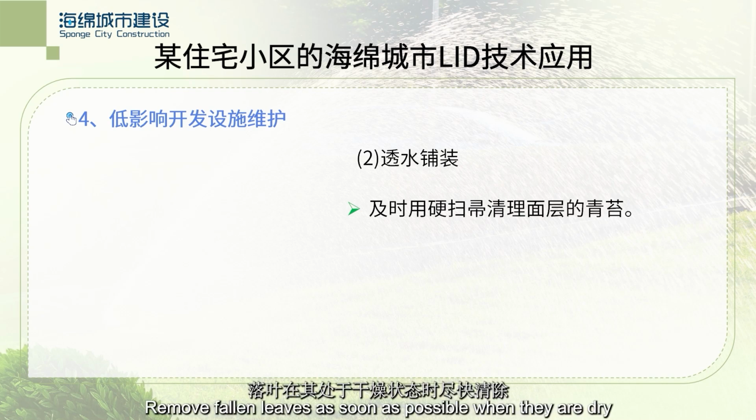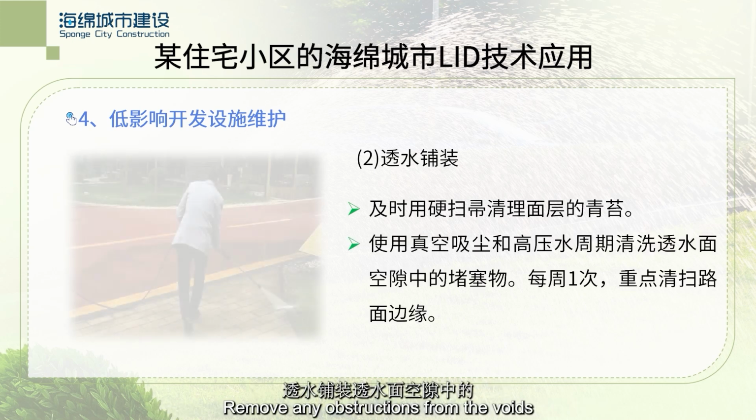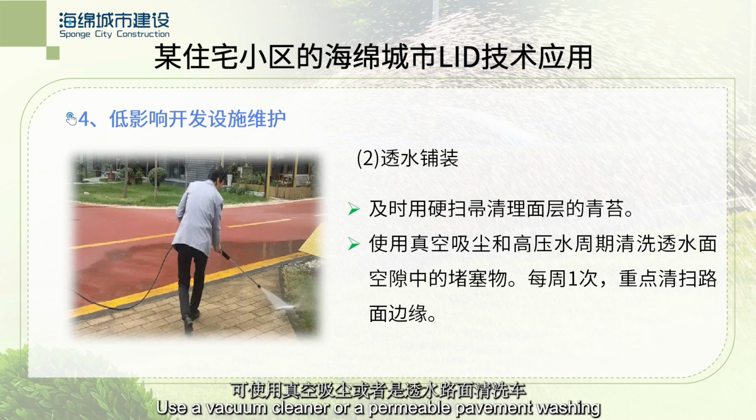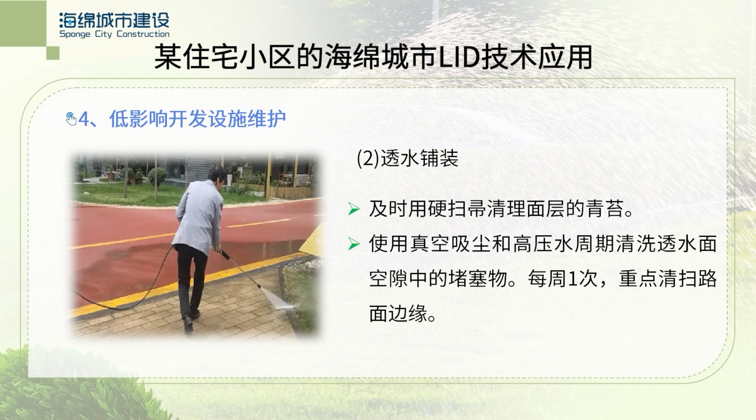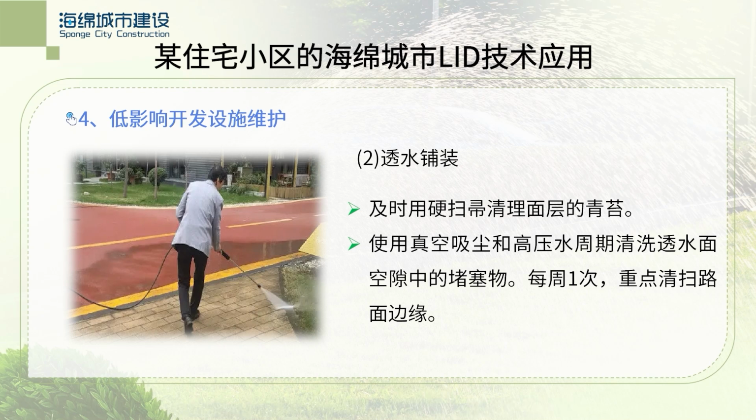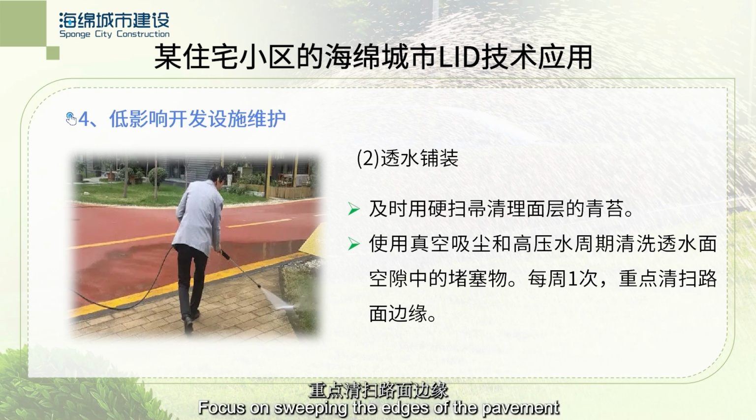Remove fallen leaves as soon as possible when they are dry. Remove any obstructions from the voids in the permeable pavement surface. Use a vacuum cleaner or a permeable pavement washer, or fill with high-pressure water for periodic cleaning. This should be done once a week. Focus on sweeping the edges of the pavement.